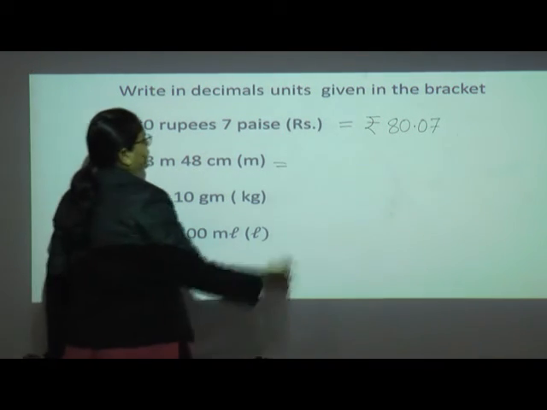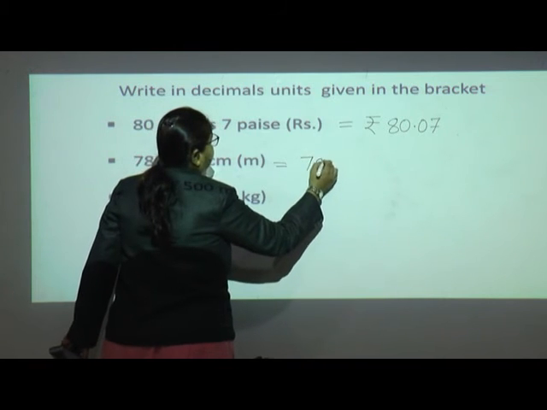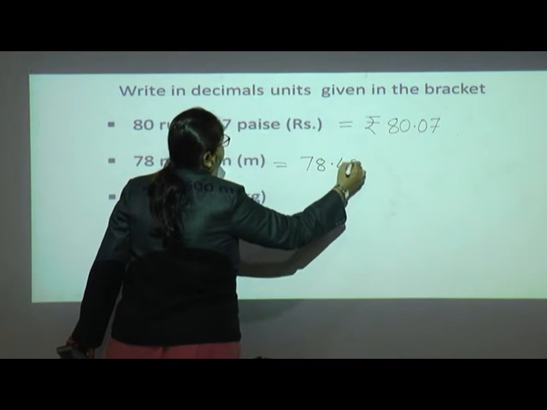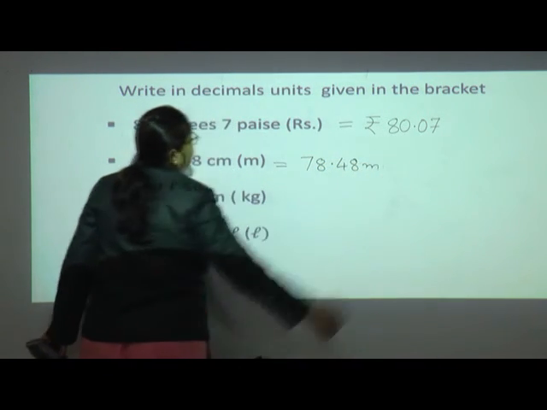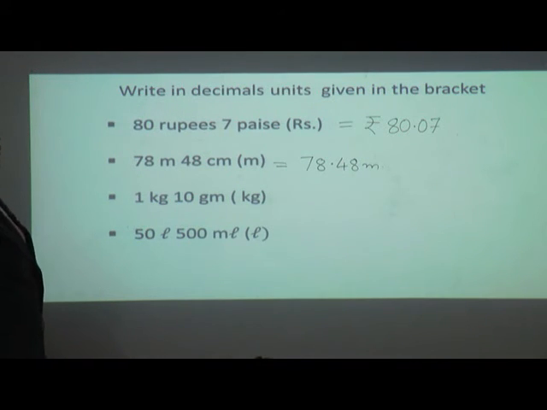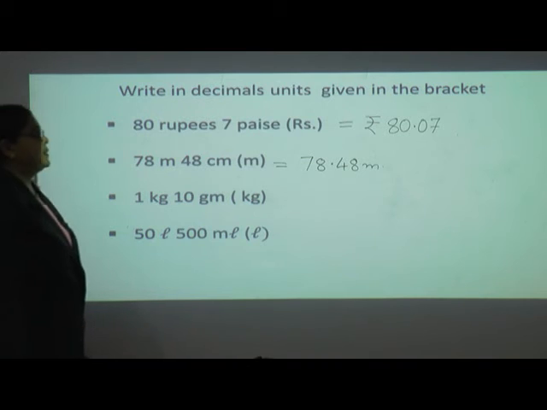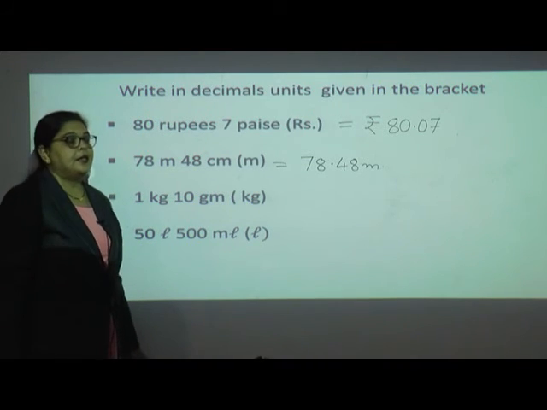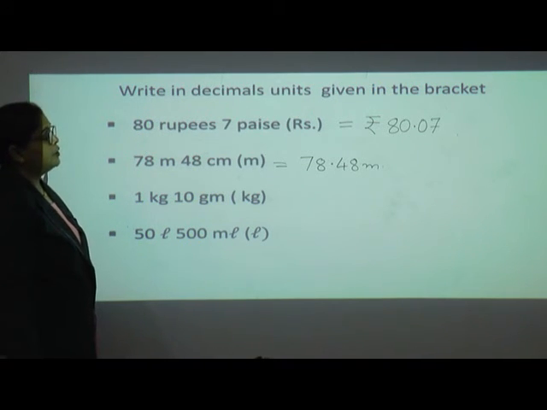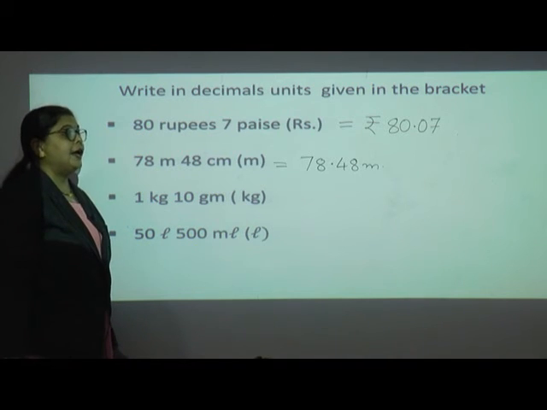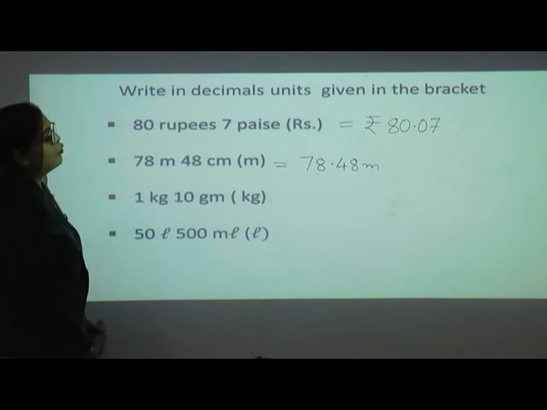So we will write 78.48 meters. If I want to purchase cloth, I can say I want 78.48 meters, and 48 centimeters will be given to me.